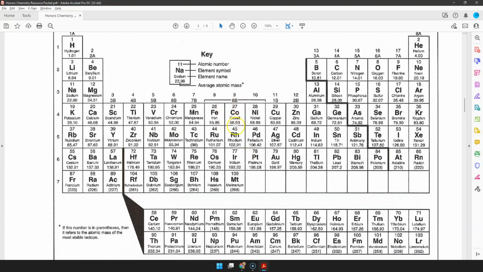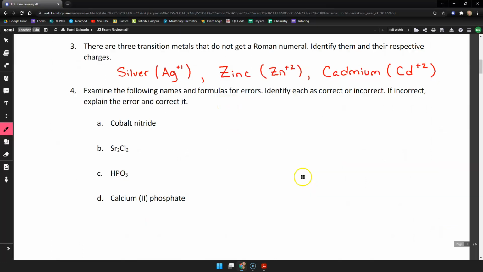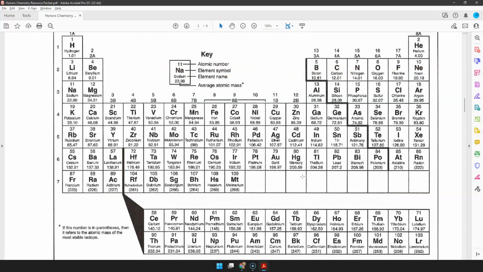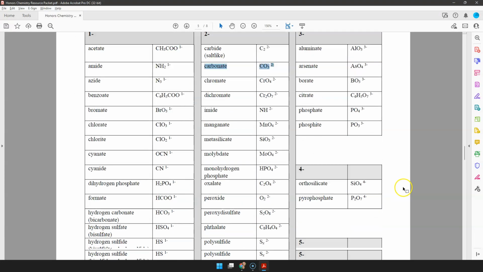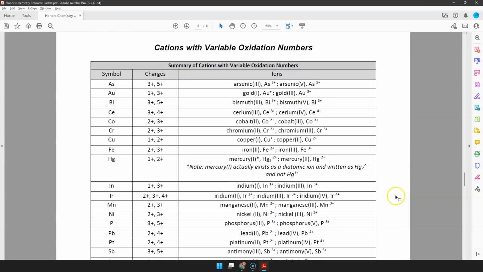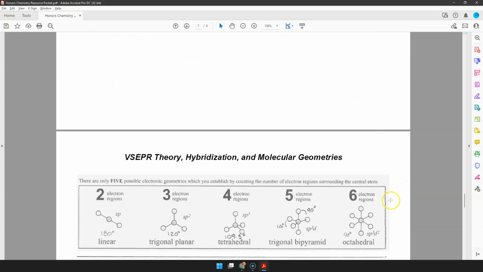Cobalt is in the middle, in the transition metal area, so it's going to have a variable charge. So there should be a Roman numeral there. Nitride is nitrogen.